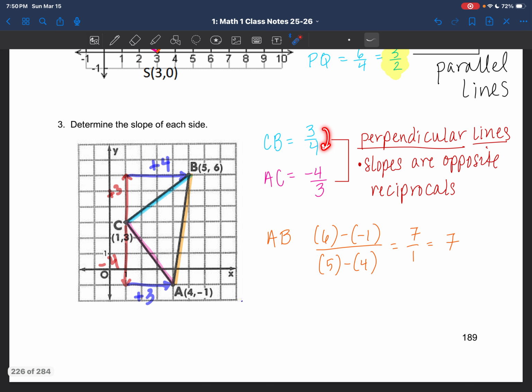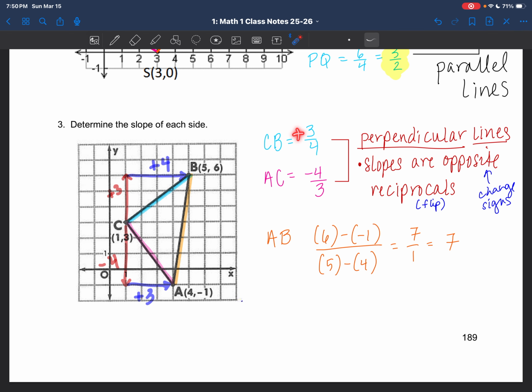So when you flip it and you change the sign, those are perpendicular lines, meaning slopes are opposite reciprocals. The opposite means you change signs, and reciprocals is where you flip the fraction. So if you notice, that's exactly what we did.